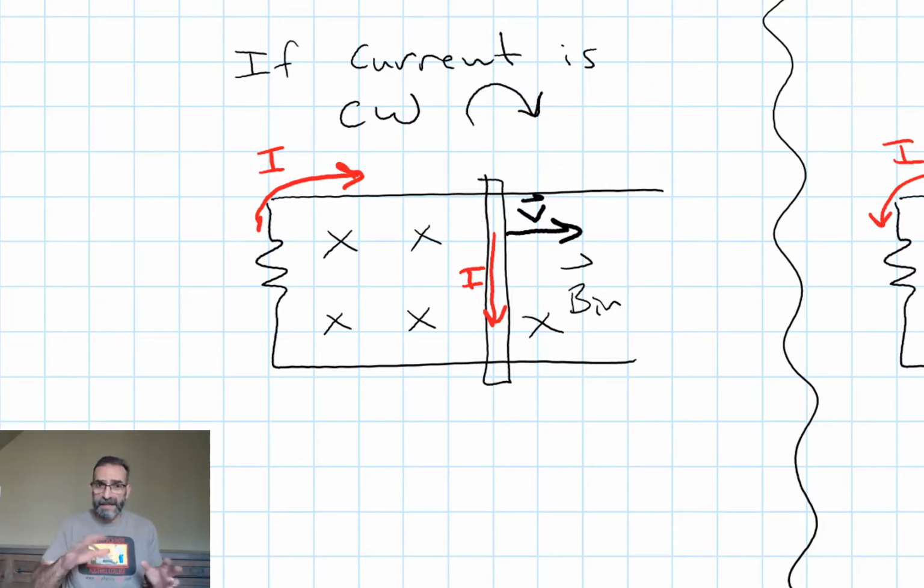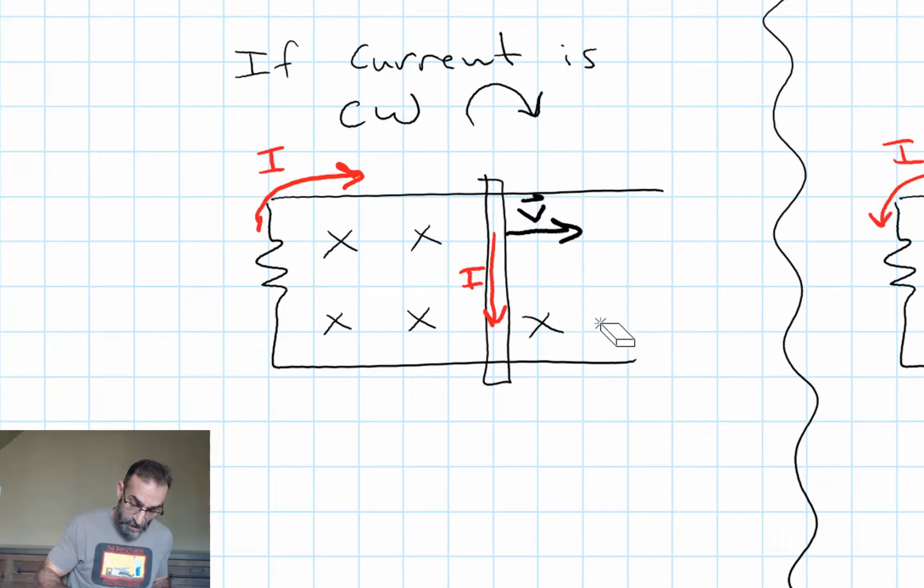We're just going to make a hypothesis here that it goes clockwise. So if the current is in this direction, what direction is the force on the current in that bar? We have a current going towards the bottom of the page in the bar, and the bar is sitting in a magnetic field. Well, I cross B gives us a force in this direction.